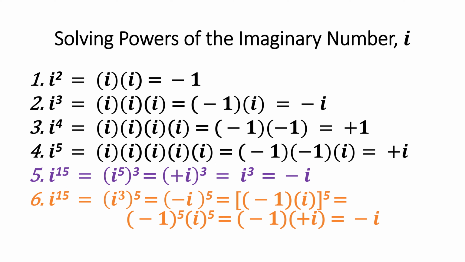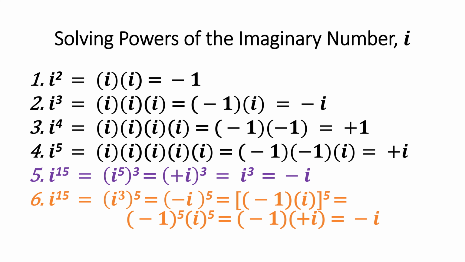Now let's choose i raised to the 3rd power, raised to the 5th power. So we have i cubed raised to the 5th power. Going back to bullet 2, we see i cubed is negative i. So now we have negative i raised to the 5th power. Now we must always remember this following procedure.